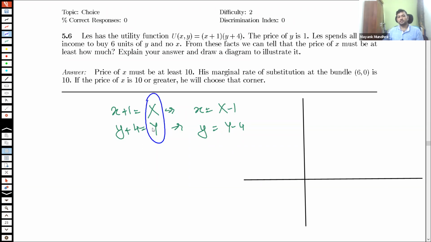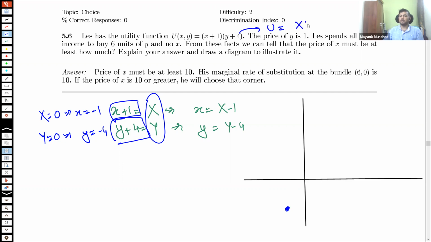When is capital X, Y 0? So capital X is 0 when small x is minus 1. Capital X equals 0 implies small x equals minus 1, capital Y equals 0 implies small y equals minus 4. So at minus 1 comma minus 4, if you make these substitutions, the utility function becomes capital XY.